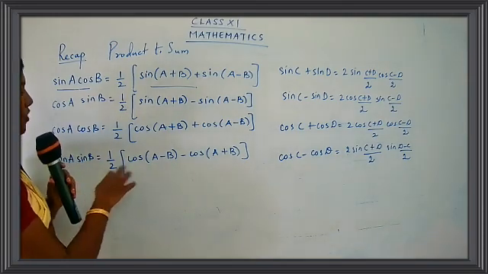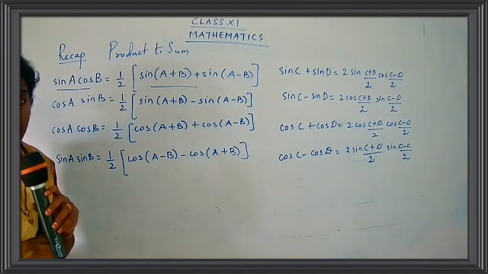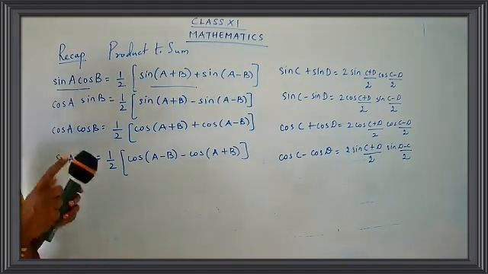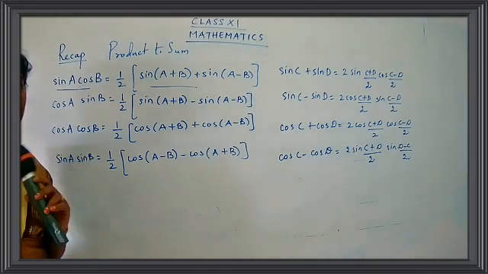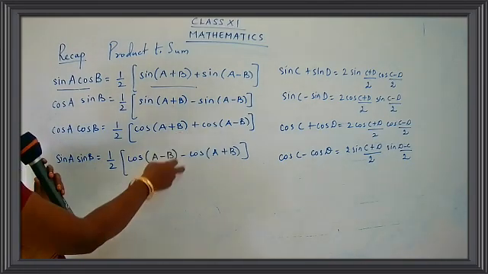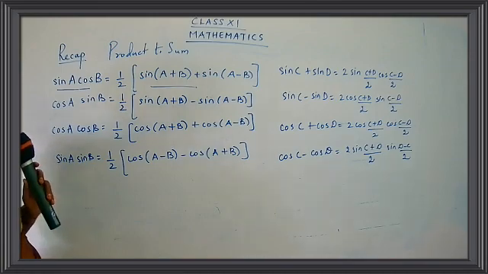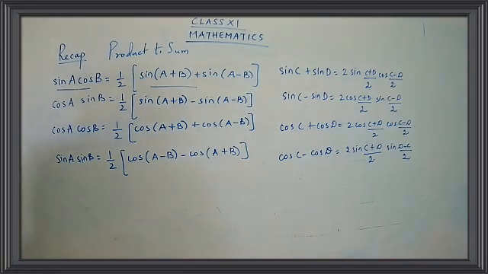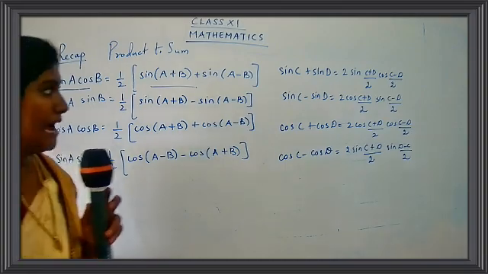You have half of cos A minus B minus cos A plus B. The A minus B part comes first and the A plus B part comes later. And anyway, you have a change in the sign. So cos A cos B is half of cos A plus B plus cos A minus B. Coming to the next one, sin A sin B is half of cos of A minus B minus cos of A plus B. Okay, this was product to sum identities.